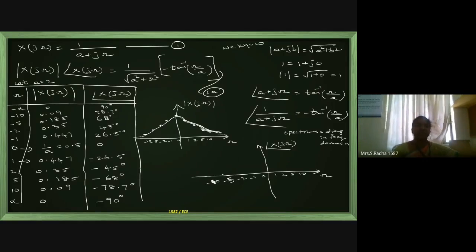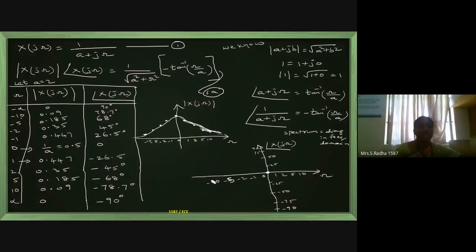And at 0, phase angle is 0. So y-axis, what I will do, let this be 25, this be 50, 75 plus 90 degrees. Negative side also I will take minus 25, minus 50, minus 75 and minus 90.